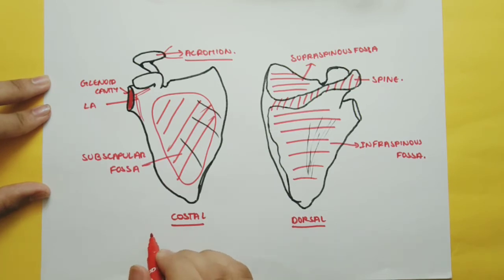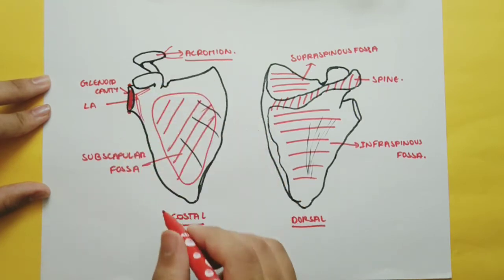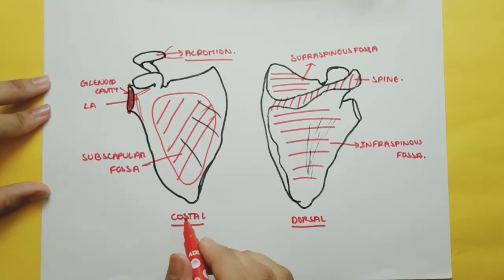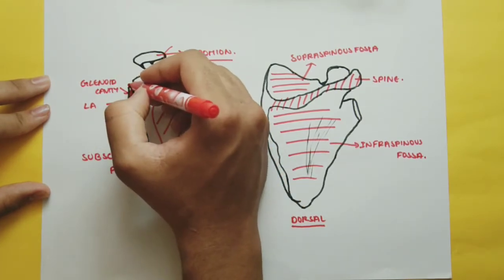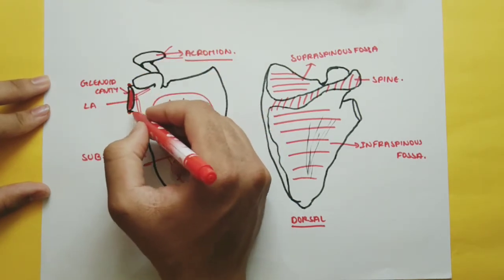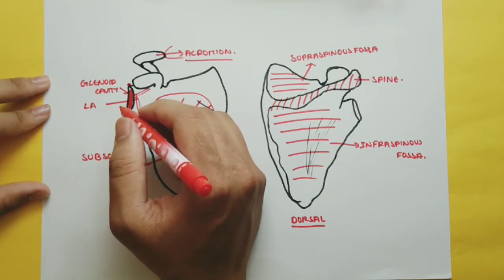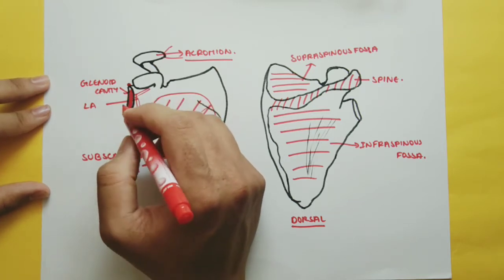There are tubercles above and below the glenoid cavity: the one above is called the supraglenoid tubercle and the one below is called the infraglenoid tubercle. These tubercles are for the attachment of muscles.